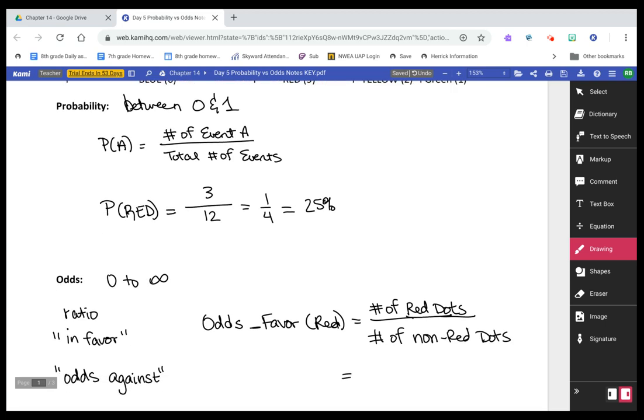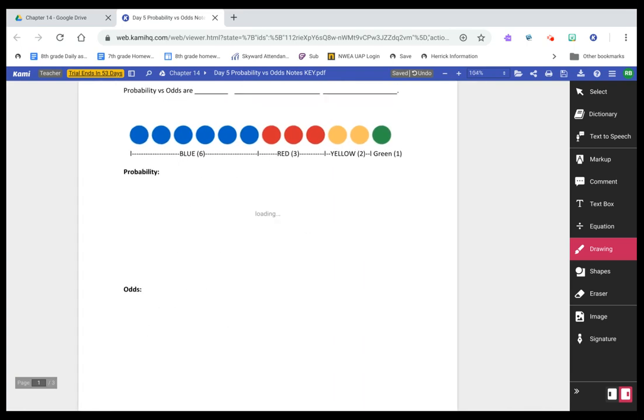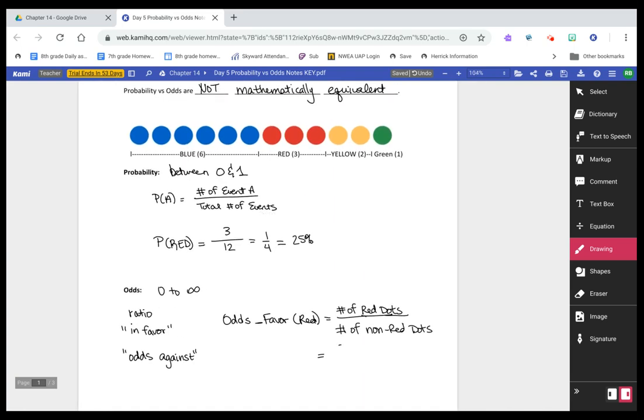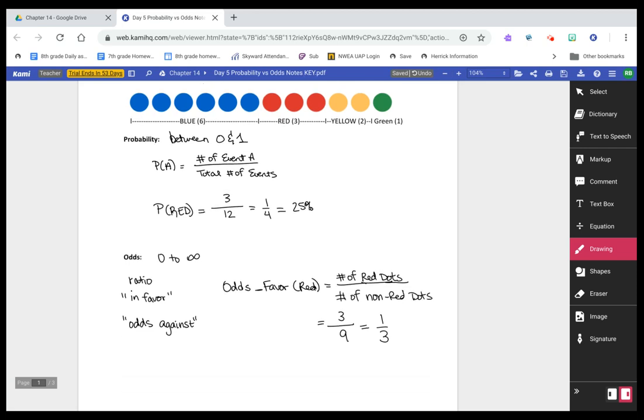So the number of red dots would be 3, and the number of dots that are not red would be 6 plus 2 plus 1, so we'd have 9. So the odds in favor of grabbing a red dot out of all of those would be 1 to 3 odds in favor.